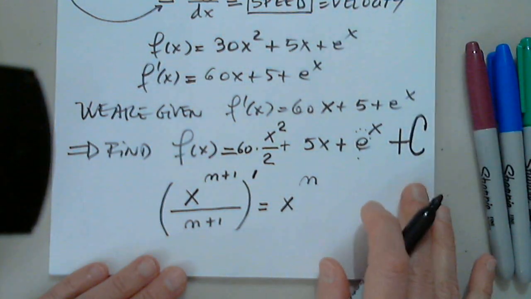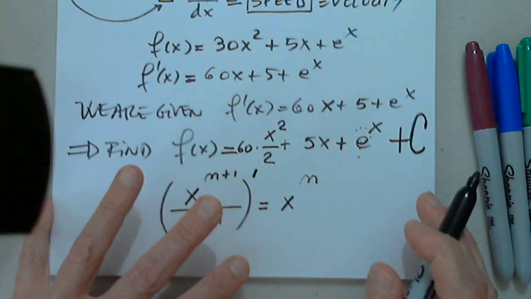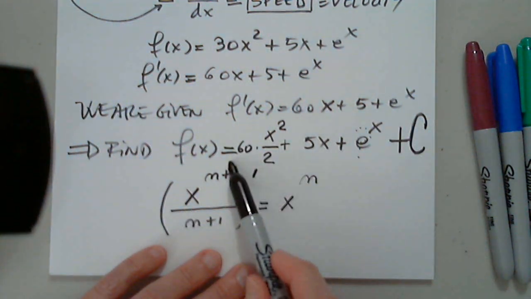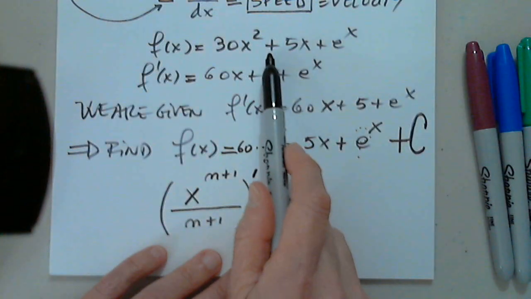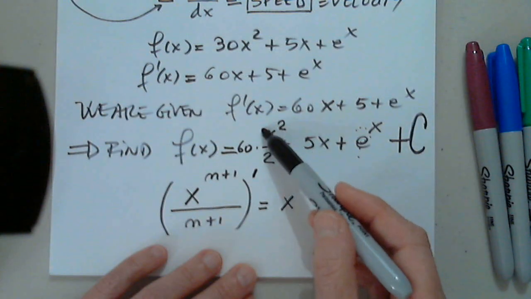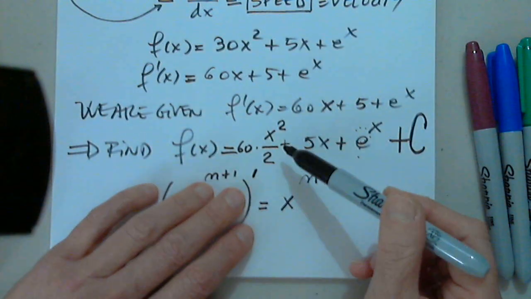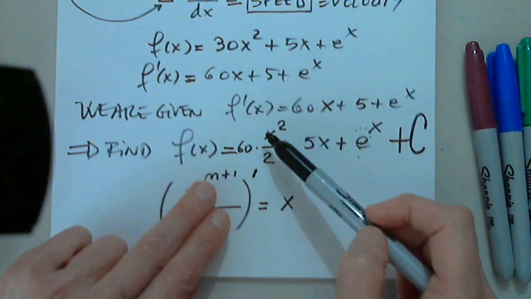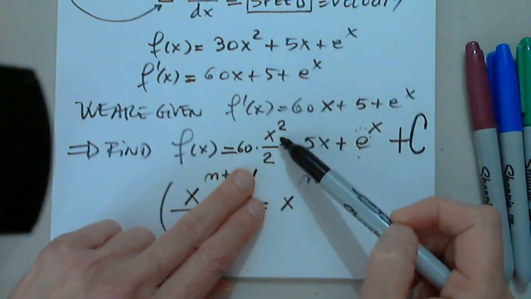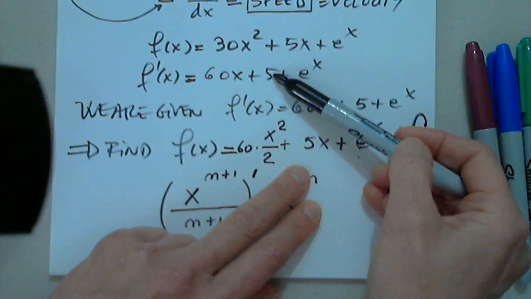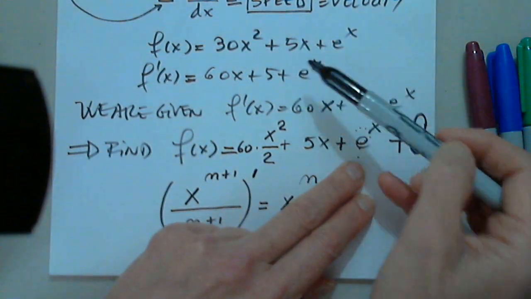What does this mean? It means that there are infinitely many functions whose derivative is this. Let's check. Bring down 2, simplify. With 60x squared, yes, 30x squared, yes. And differentiate 5x, and I get this. Differentiate this, I get this.